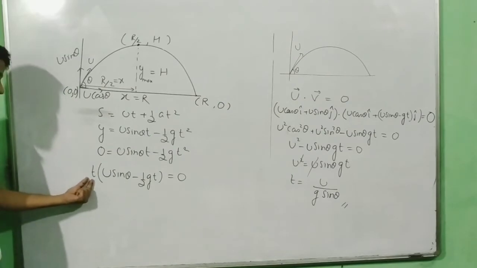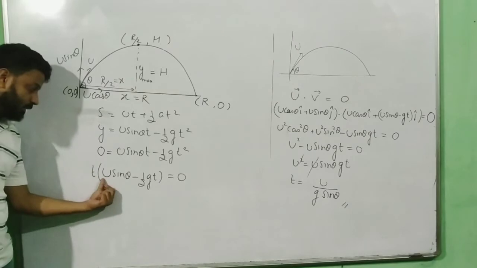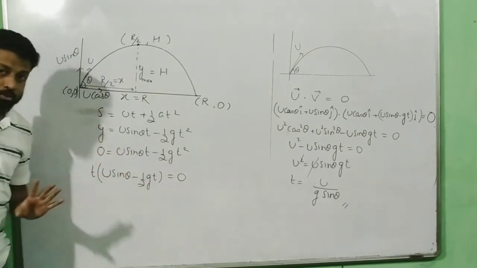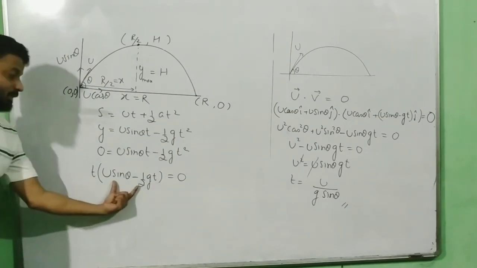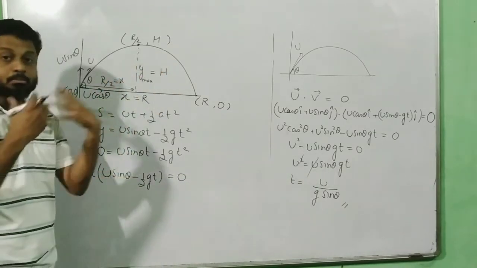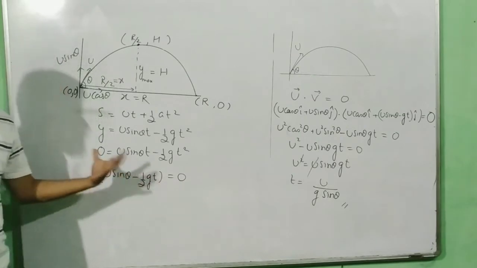The product of time with the term in the bracket should give you 0. It means two things: either t is 0 or this is 0, because when you multiply two terms and the result is 0, one of them has to become 0.